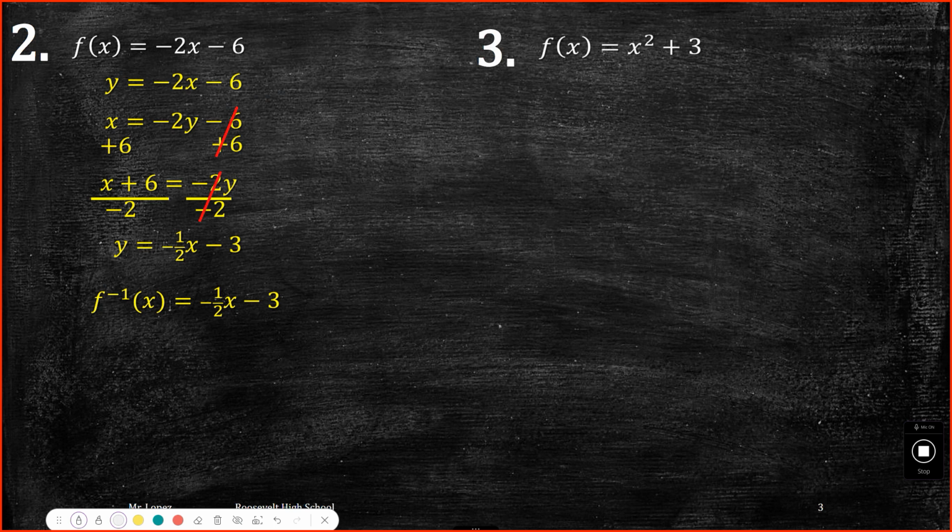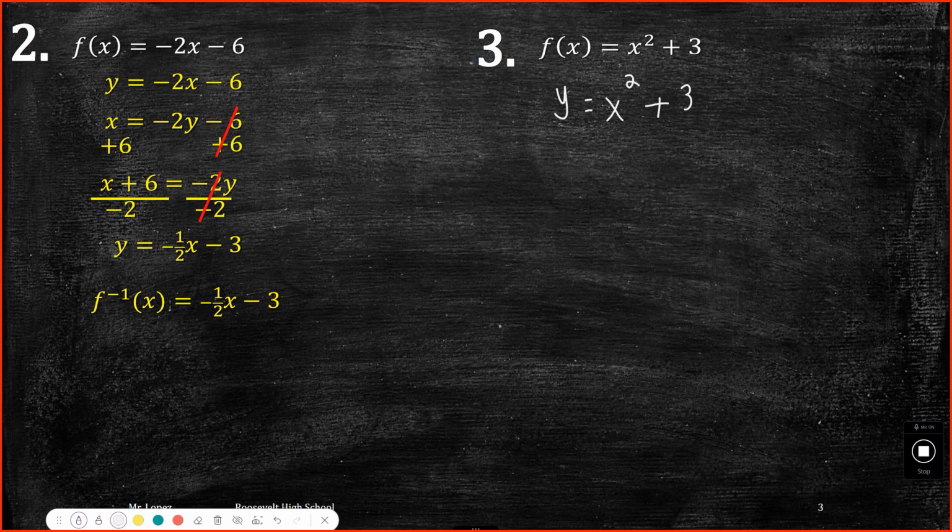Okay, let's go to number 3. F of x is y, so y is going to be equal to x squared plus 3.